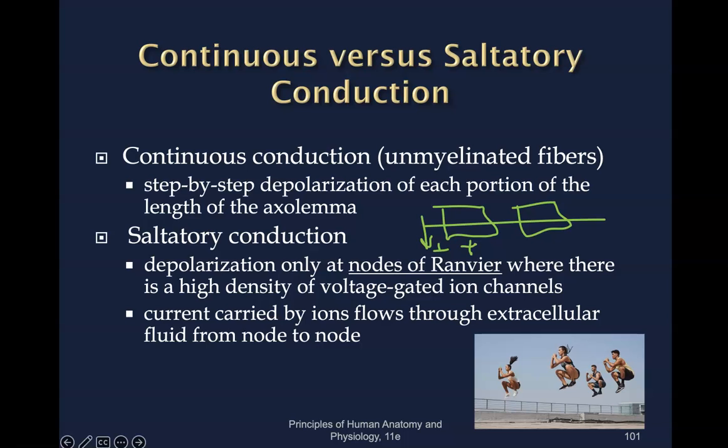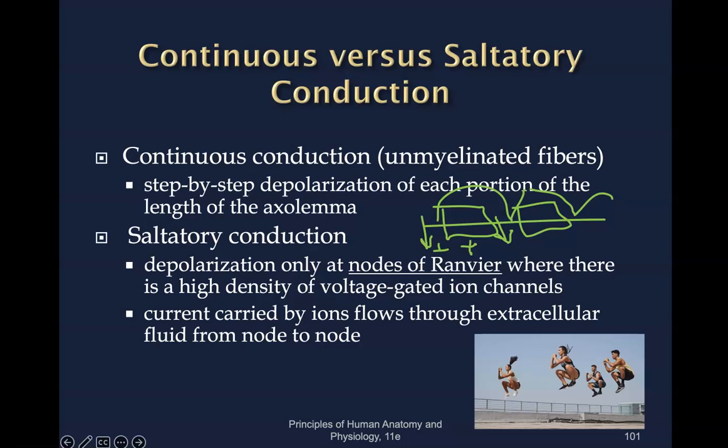So sodium keeps rushing in, and then it's going to trigger this sodium-gated channel over here to open, and these ones to open. So instead of having to trigger one here and here and here, now you're just triggering them here and here. And so it's actually much faster. It causes that signal to be conducted at a much faster rate.